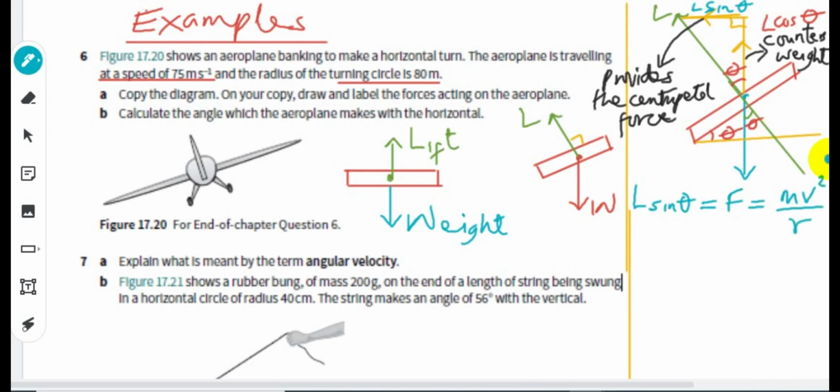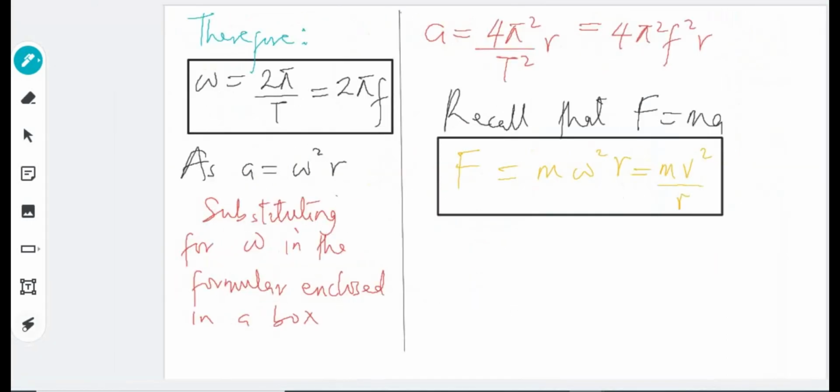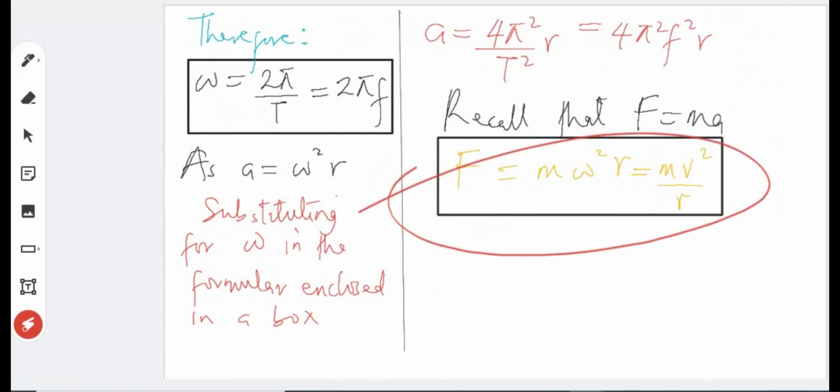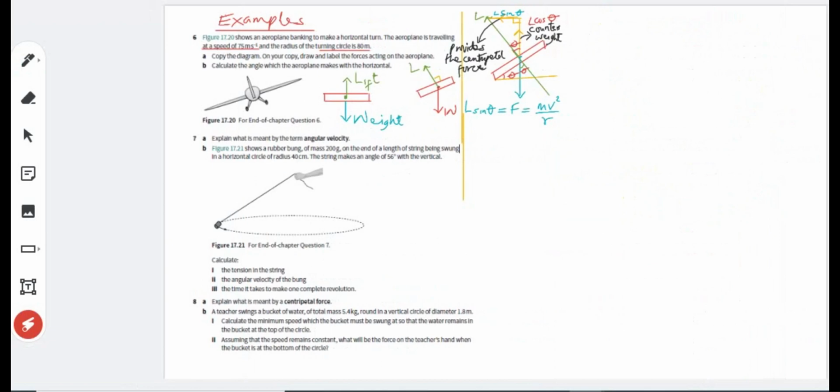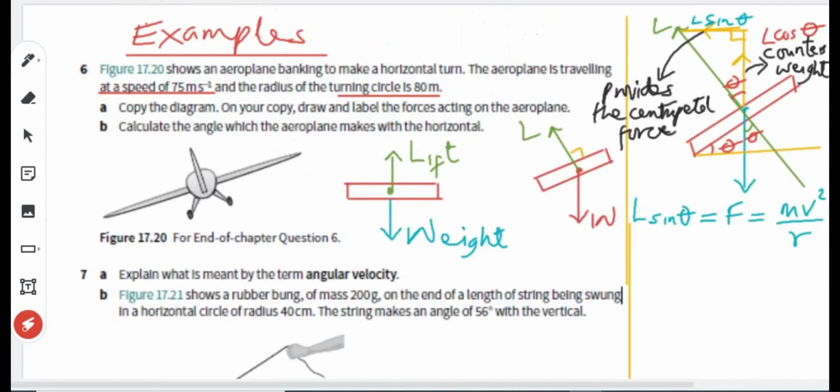That's what we established on the previous page. Let me zoom in so I can see this better. So L sin theta is mv squared over r, where v is the linear speed, m is the mass of the aeroplane, and r is the radius of this turning circle.